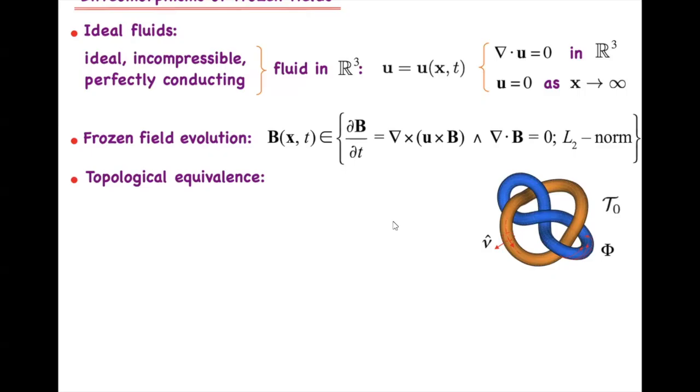And the topological equivalence is the following. You imagine that your magnetic field or vortex fields, etc., the field is localized in space and time, so it stays localized in tubes. Okay, we're moving to fluid knots, and if it stays in these tubes, we have the flow map that sends the initial position to the final position.